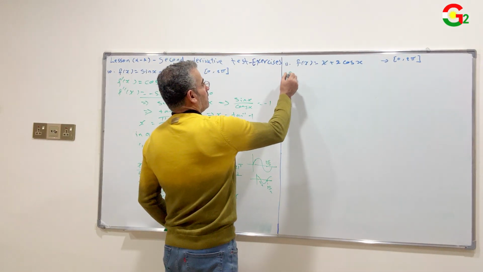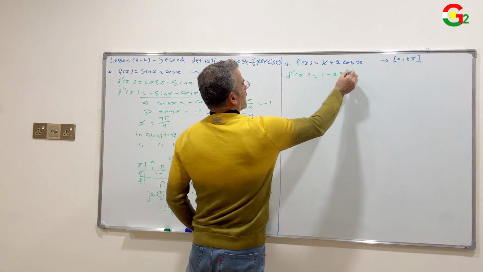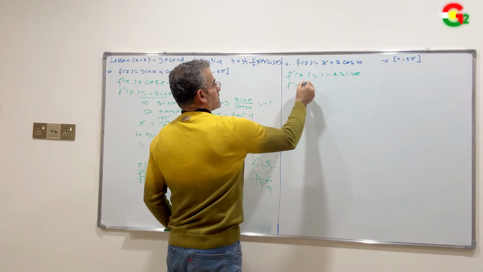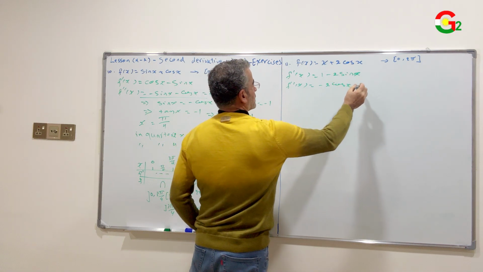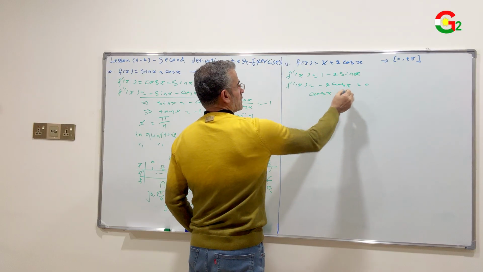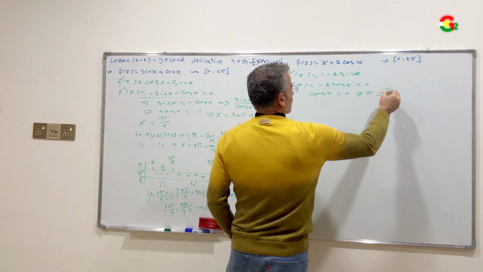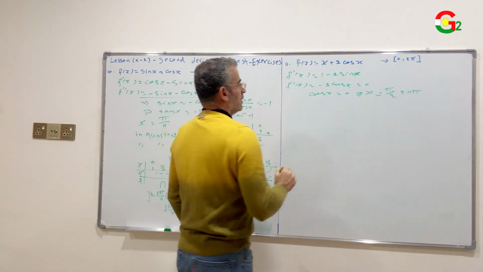Question number 11. F prime of x equal to 1 minus 2 sine x. F double prime of x equal to negative 2 cosine x, set it equal to 0, then cosine x equals 0, then x equal to pi over 2 plus n pi, where n is an integer.